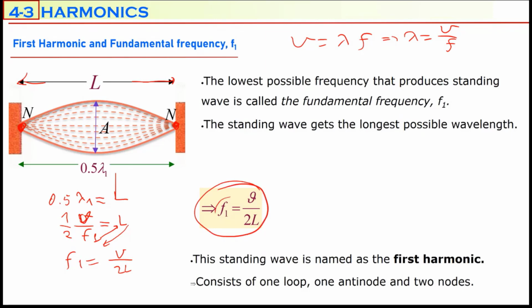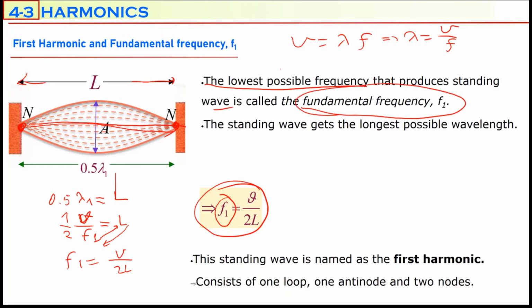That is, at this frequency, the first order standing wave, the first harmonic, will form on this string. This is the smallest frequency, the lowest possible frequency that can produce a standing wave in a string, which is known as the fundamental frequency.